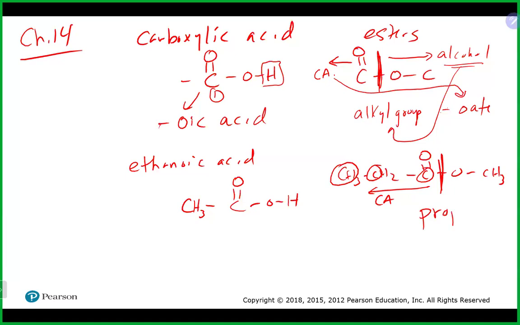So that's going to be propanoate. And here, the alcohol part has just 1 carbon group, which is methyl. And then again, we put it together, the alkyl group first, and then the oate gives us methyl propanoate. Any questions on that?